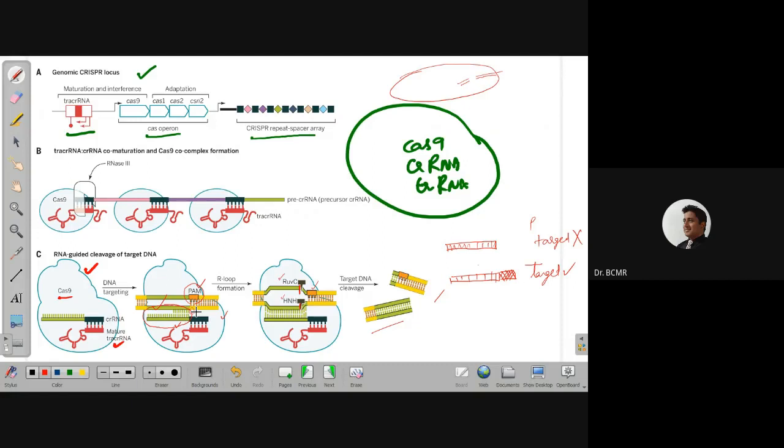Only then is it actually a target. That will activate the nuclease activities of the RUVC and HNH domains of Cas9. Then the target is cleaved and the double strand break is made. Then the phage genome is broken and it cannot replicate in the cell. That is how the cell is generally protected.